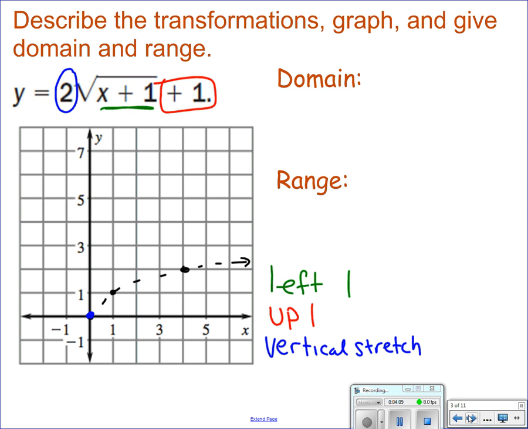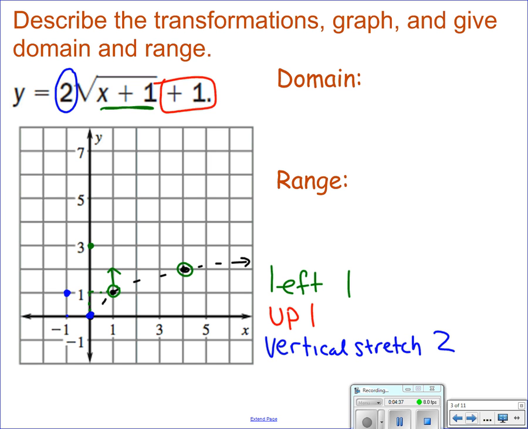I shift it left 1, up 1. Now, the vertical stretch of 2, make sure you get me a value in there. That's taking this point, shifting it, but also stretching it up by a factor of 2. So it was at 1, now it's going to be at 2. So I went up 1 over 1. I'm going to go up 2 over 1.